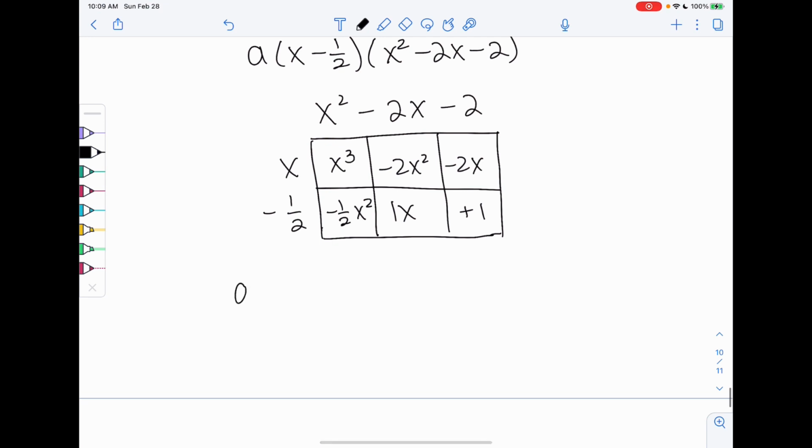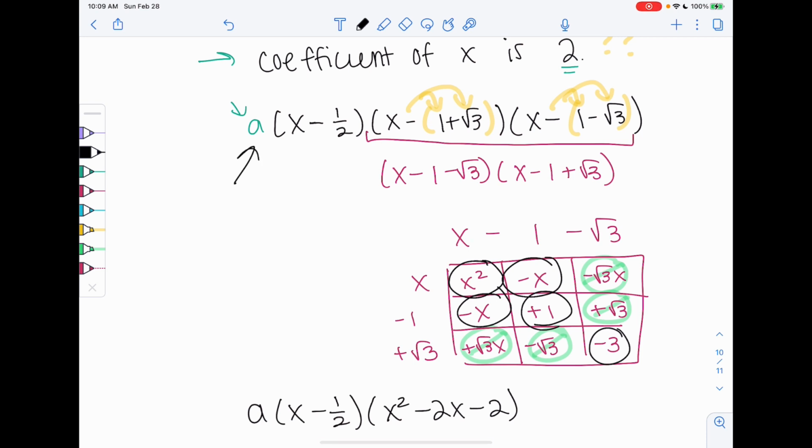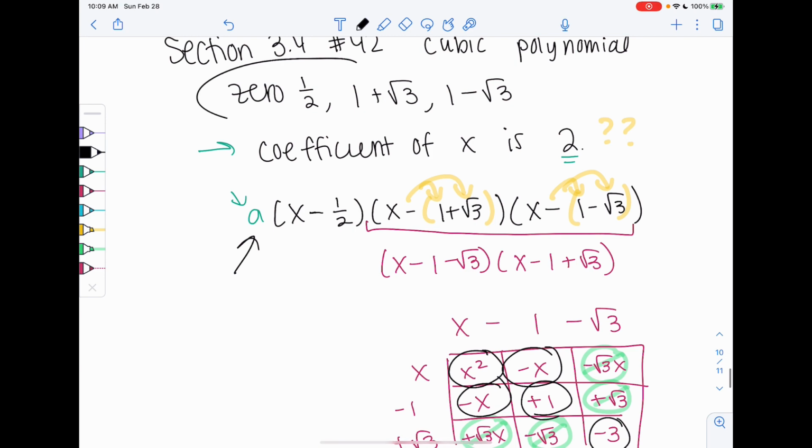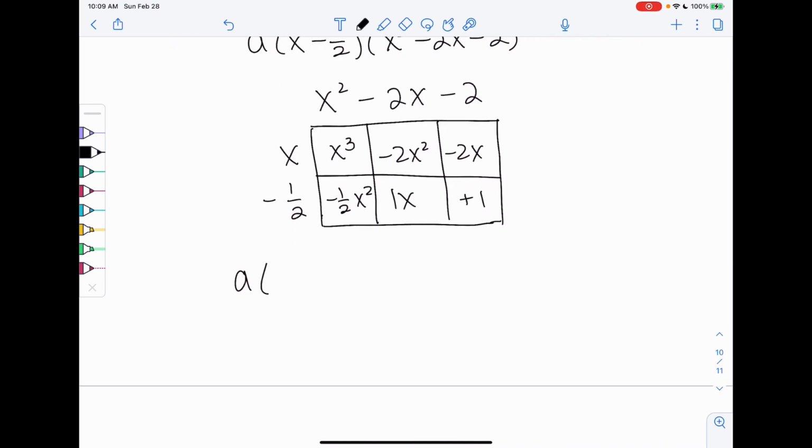All right, and so we're left with the a out front, again, because we have to deal with that coefficient. Remember, this coefficient is maybe just stretching or compressing, and that doesn't change the zeros. So that's why we don't know what a is yet. So we get x cubed, for x squared, negative 2 minus 1/2, I think would be minus 5/2.